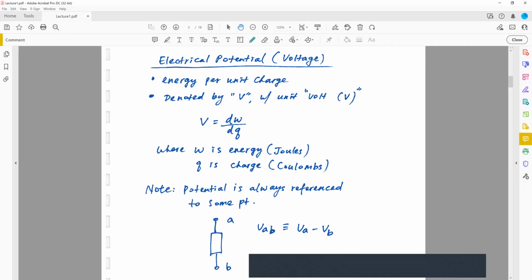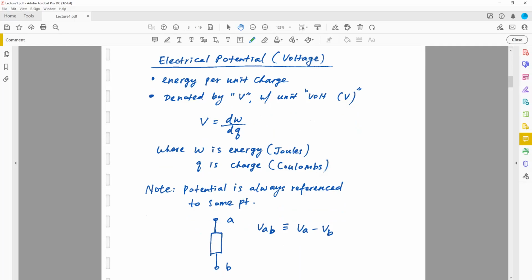Now, notice that when we talk about current, I mentioned that there is a quote-unquote polarity that you have to specify, and that indicates the direction of current flow. Similarly for voltage, we have to specify the polarity, okay? And this polarity is denoted by plus and minus. Plus tells you the higher potential.